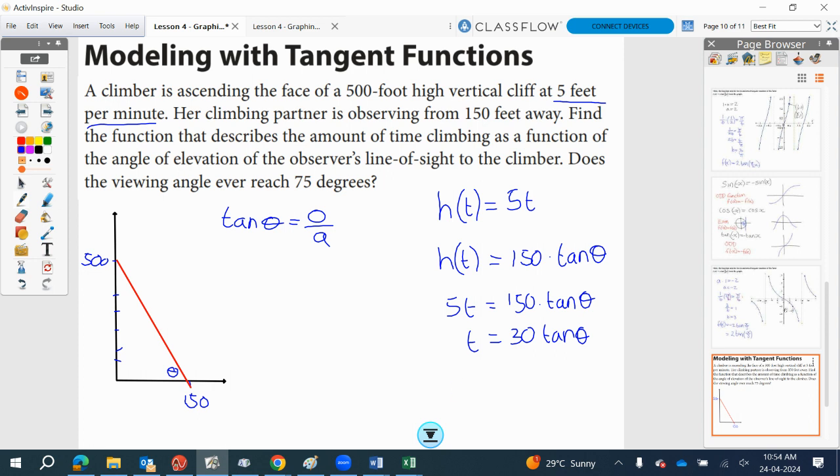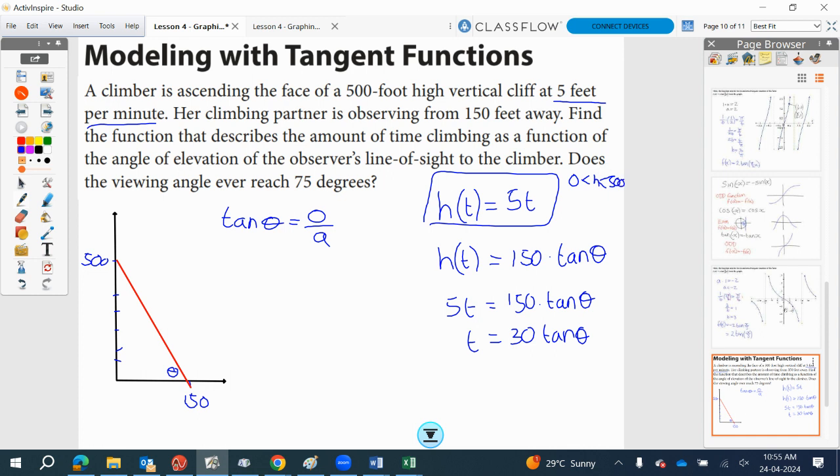The range is going to be 0 less than or equal to, so it's the height, isn't it? So this function here, h of t, is going to have a range of 0 to 500.